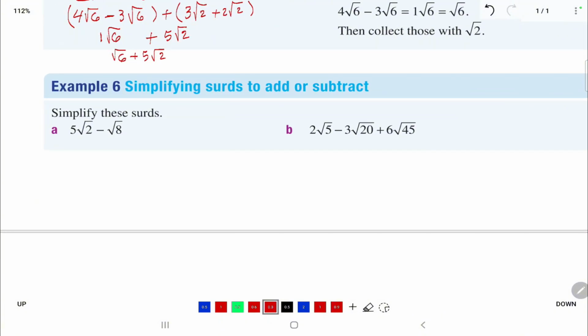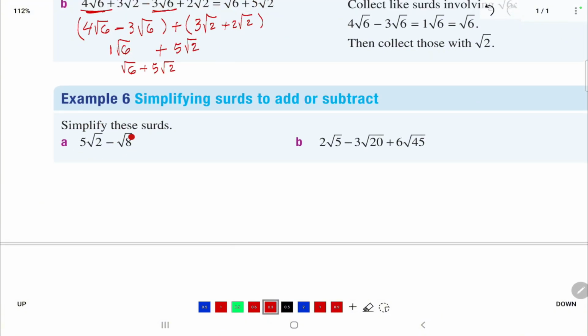Now here I can also simplify 5 under the square root of 2 minus under the square root of 8. I'll solve this one like this: 5 under the square root of 2 is the same, minus this one, I can write it as 4 multiplied by 2.